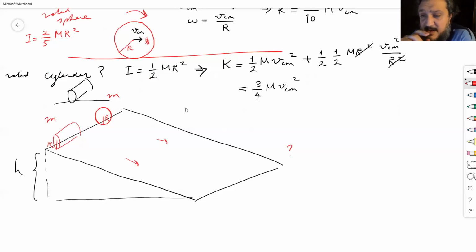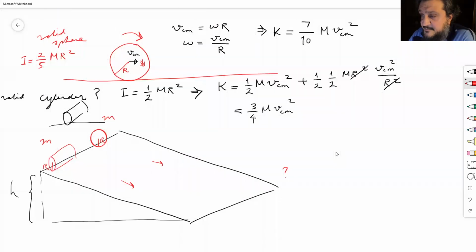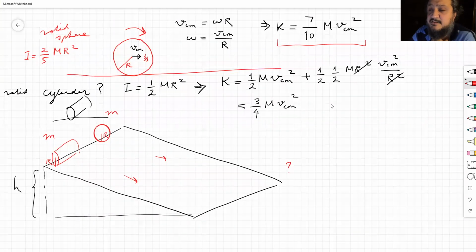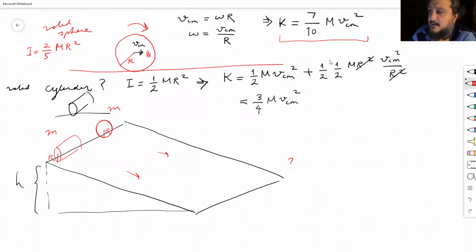Now remember, for a sphere, the kinetic energy is given by this 7/10. Why do I have 7/10 here? It comes from the 2/5, so 2/10 plus 5/10, 5 plus 2, 7. Similarly, for the solid cylinder, I have 1/2 plus 1/4, so 2/4 plus 1/4, 3/4.